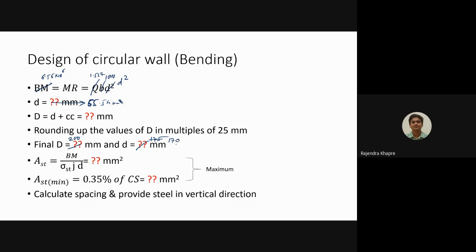Okay, now how much area of the steel is required? So this will be depending on the bending moment value. So the maximum bending moment value is 6.56 into 10 to the power 6. Sigma st is 130. How much does j come out to be? 0.86.